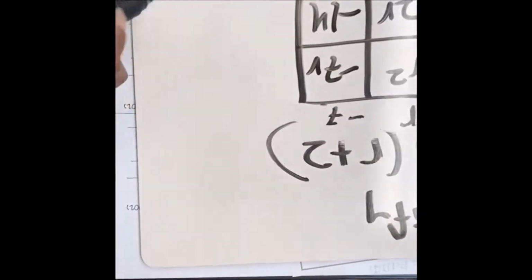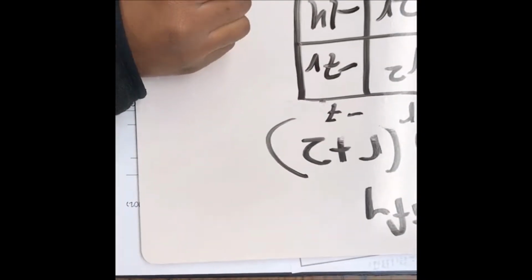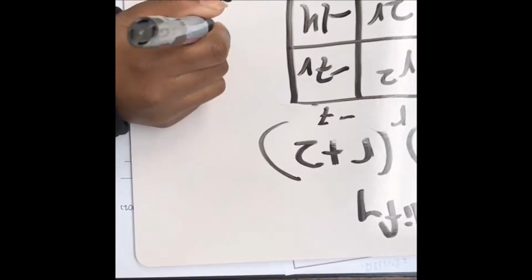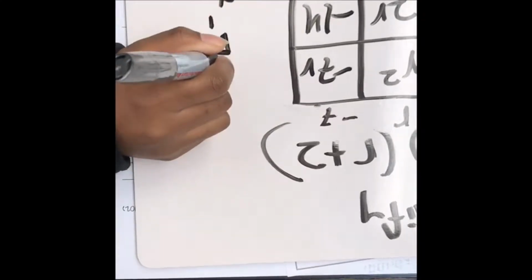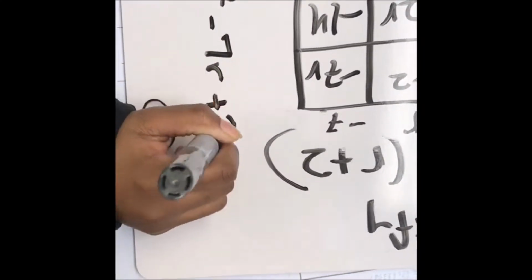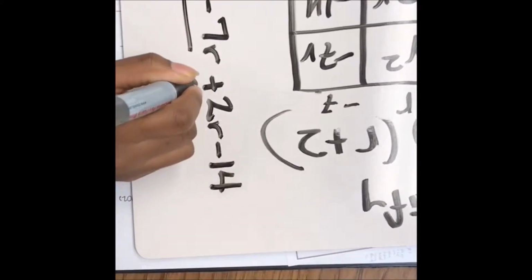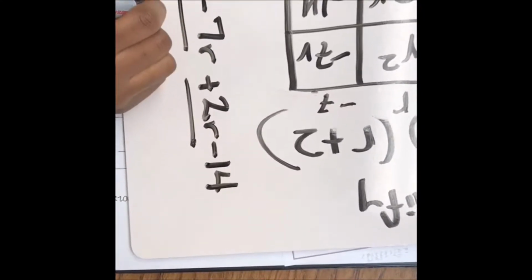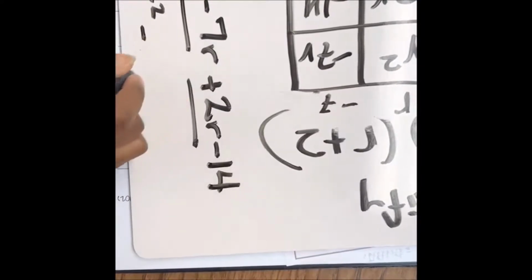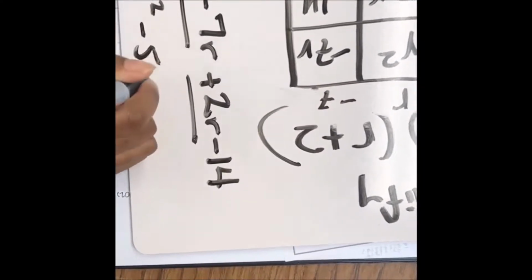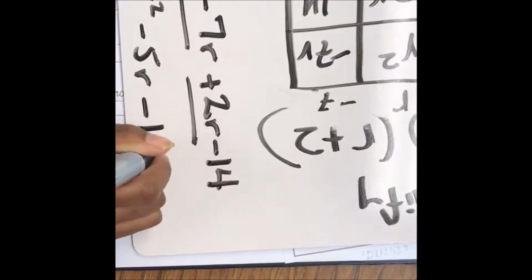Once you finish your box, you write out all of the answers. Then you combine like terms, and your final answer will be r squared minus 5r minus 14.